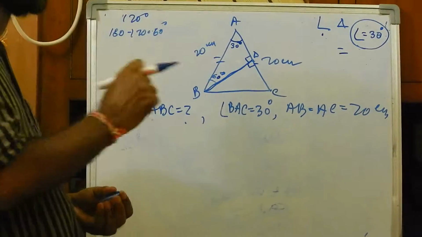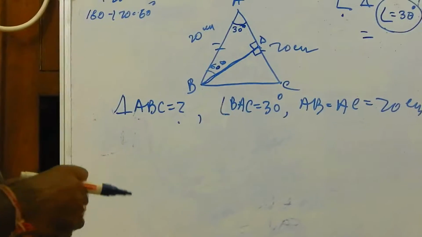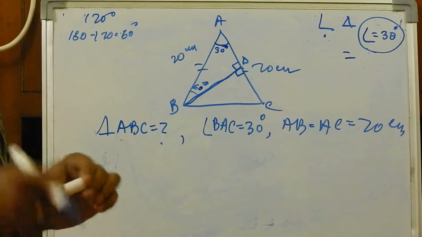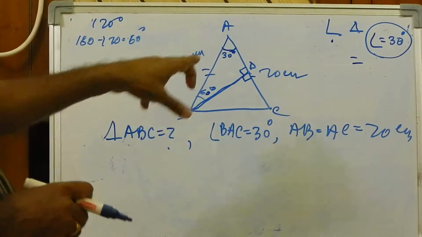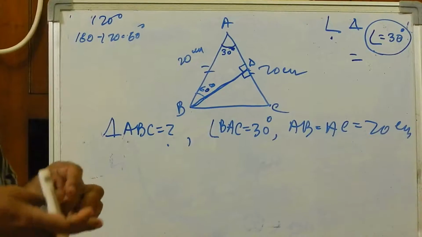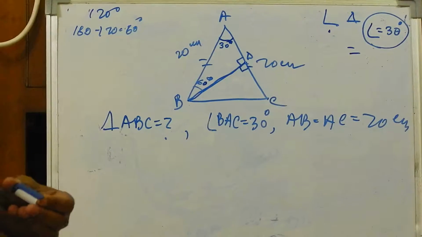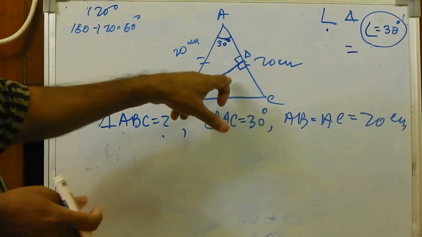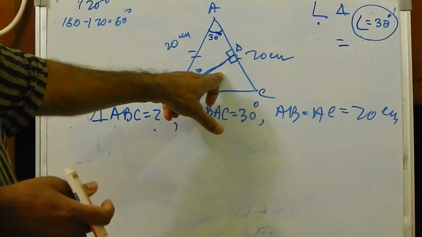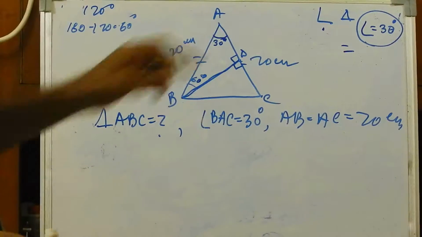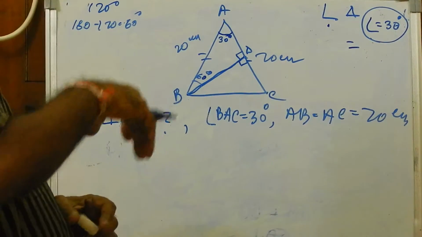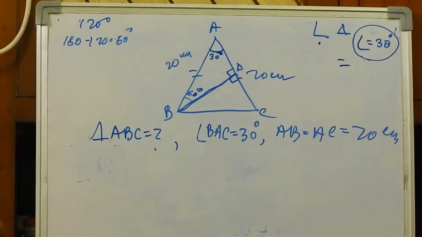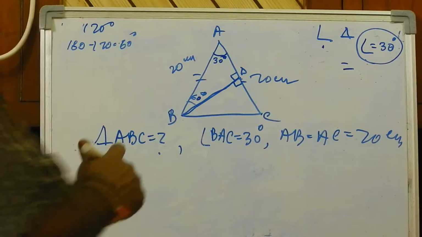In that type of triangle, it is universally accepted that the hypotenuse should be twice the side of the triangle which is opposite to the angle 30 degree. And we can say that the side opposite to the 30 degree angle is half of the hypotenuse.